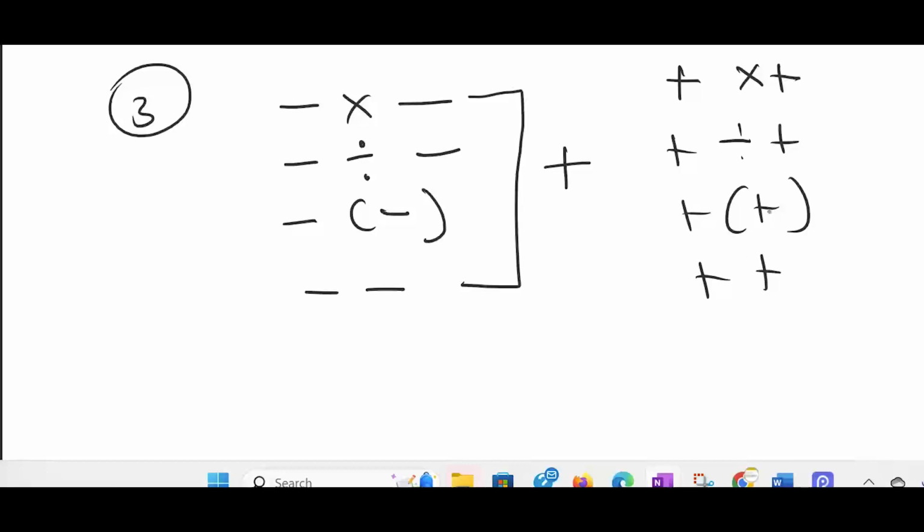It doesn't matter. Here the signs combine together to become positive as well. So the rule is: similar signs combine together to become positive. And how would you know that you need to combine them? Anytime you see multiplication or division or parentheses, or they are very close to one another. This is how you combine them if they have similar signs.